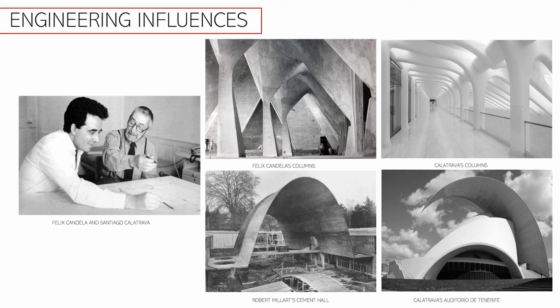You can see the greater influence of engineer Robert Maillart, as he was one of the first engineers to create an arch structure using reinforced concrete. Calatrava would take this influence and run with it over the course of his career. Using the knowledge he gained while working for Candela, Calatrava expounded on Candela's and Maillart's work and began to manipulate and utilize reinforced concrete, which is present in almost all of his architecture today.